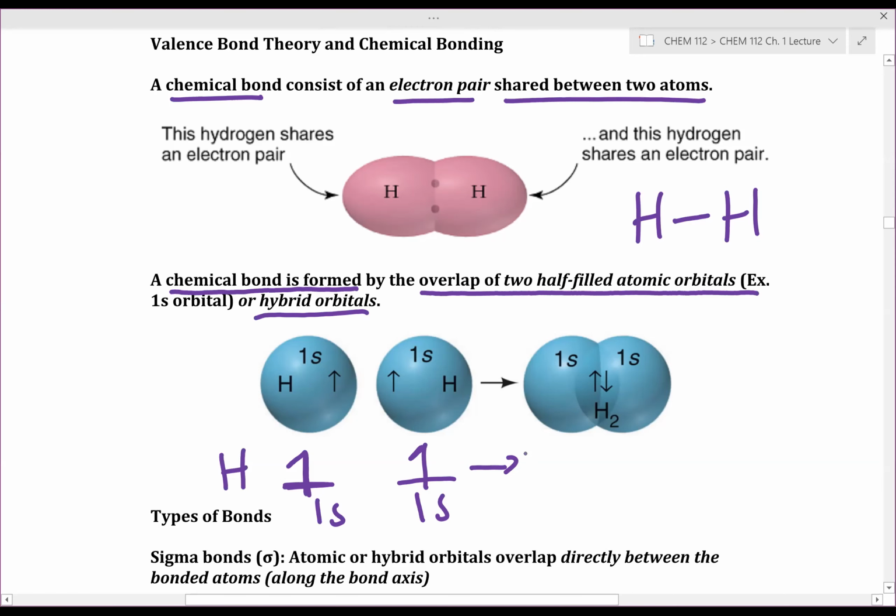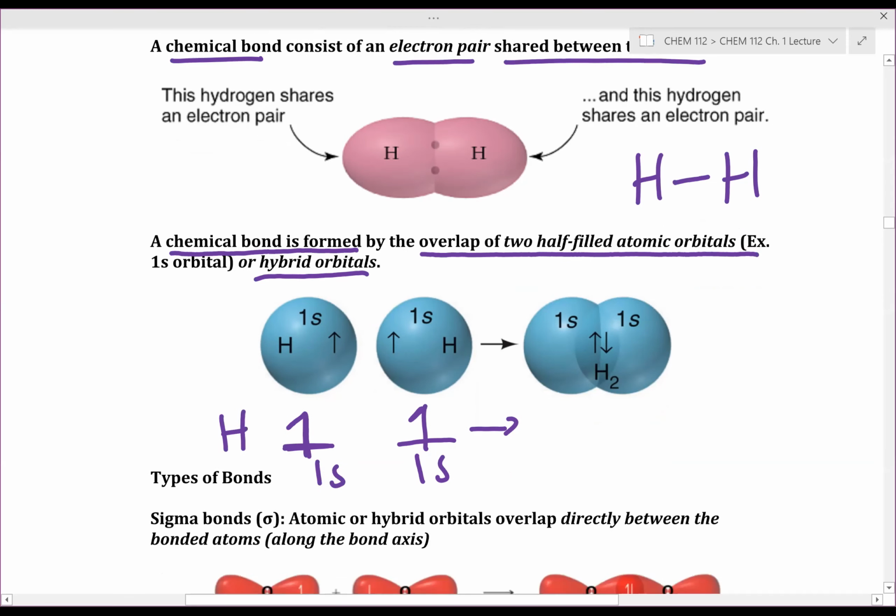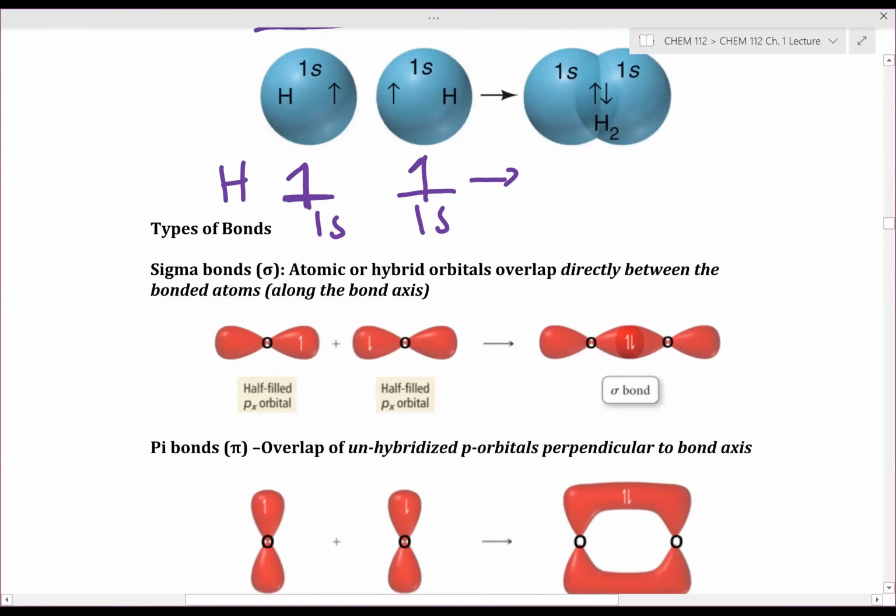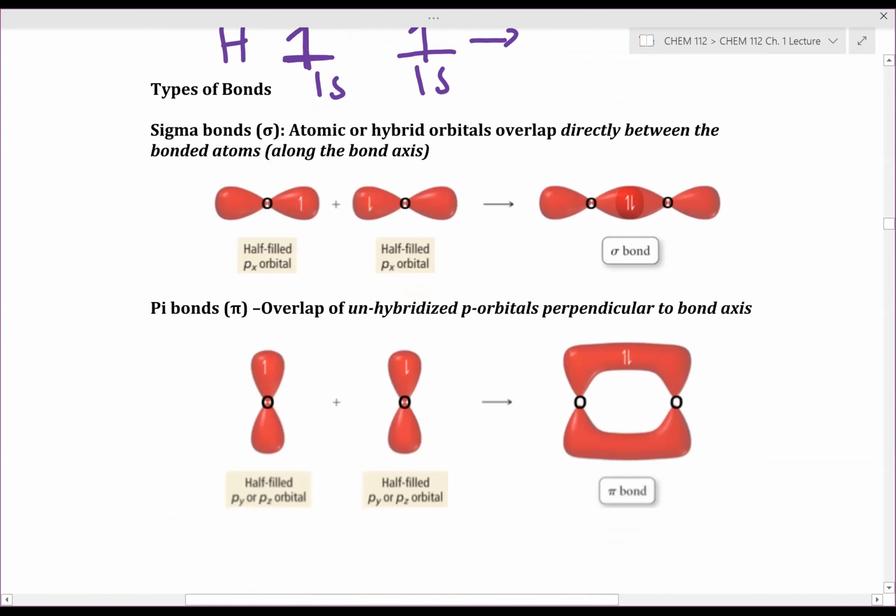Okay. So let's talk about the different types of bonds. They fall into 2 major classifications. We have our sigma bonds, and the key feature of a sigma bond is an overlap of orbitals directly between the bonded atoms, along the bond axis.